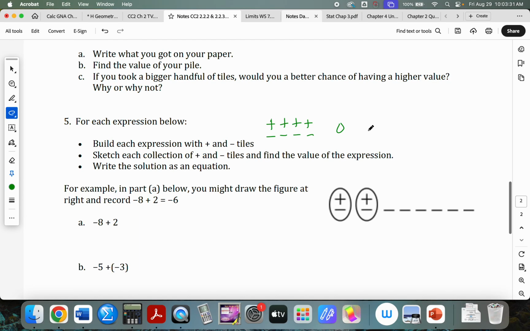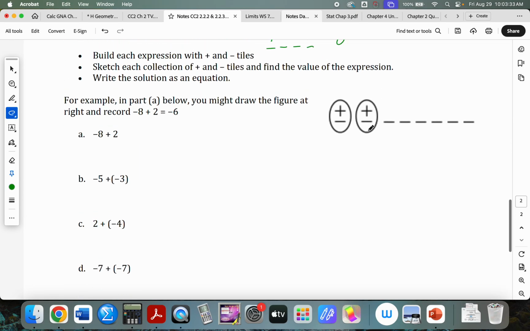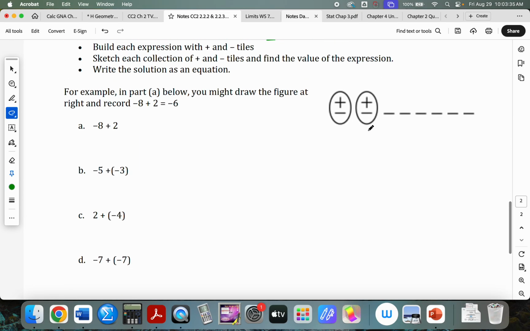All right, so we're going to do these ones at the bottom. We're going to build each expression with plus and minus tiles. It should only take you a few seconds, and I think that you have enough in your bag. So like this one, they've showed what it looks like. There were 8 negatives and 2 positives.